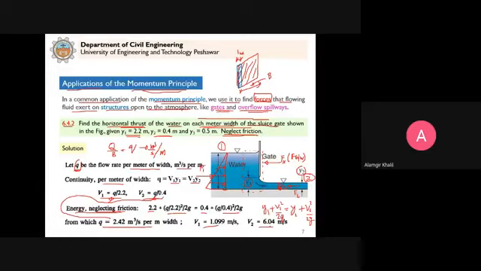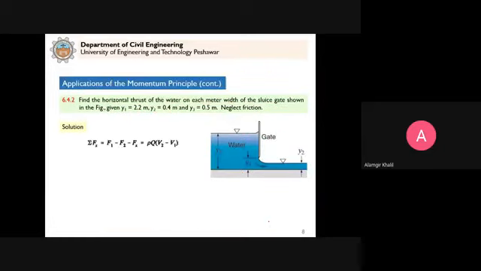Clear? Now first we have to write down the momentum equation. Because we consider the horizontal thrust of the water, we consider summation of Fx equal to rho q into V2 minus V1, the rate of change of momentum in the x direction.